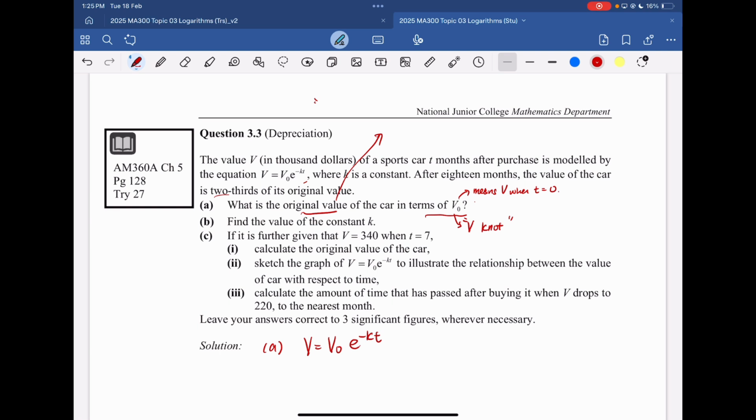The actual value at the very first. What was time? 0. So when you see original, initial, starting point, time is 0. All these are trigger words for time is 0.